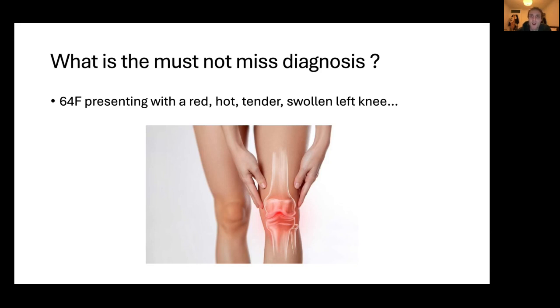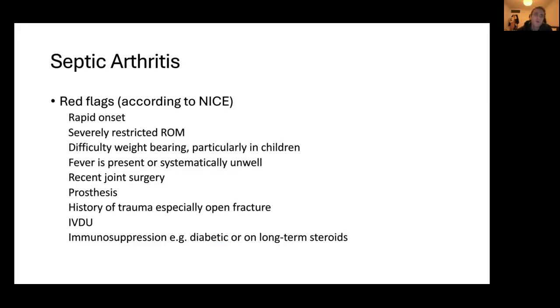So septic arthritis is in the back of your head whenever you're seeing a patient with this presentation. You need to be thinking, could it be septic arthritis? So the red flags, according to NICE, for septic arthritis are rapid onset, severely restricted range of movement, difficulty weight bearing, particularly in children, and fever, although fever could be absent, and just because they haven't got a fever, if they've got a number of these other red flags, you'd still be very concerned.